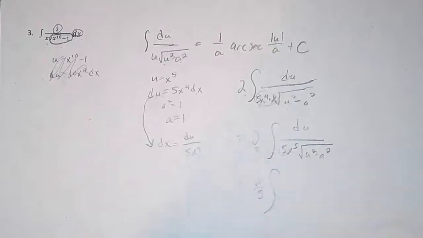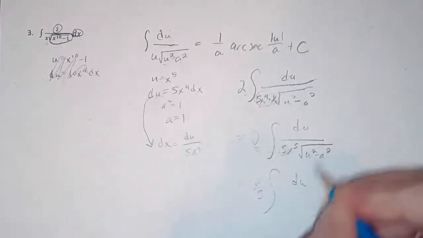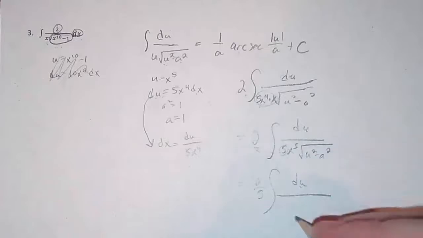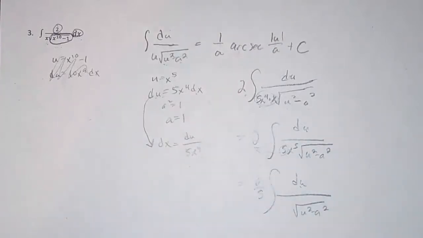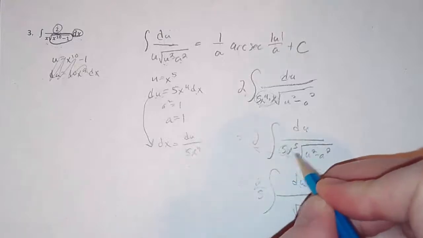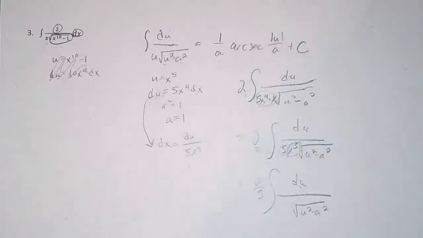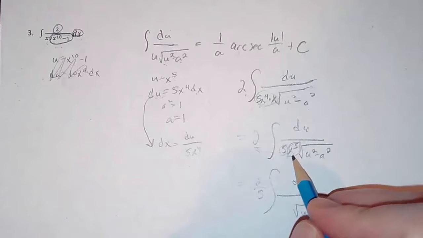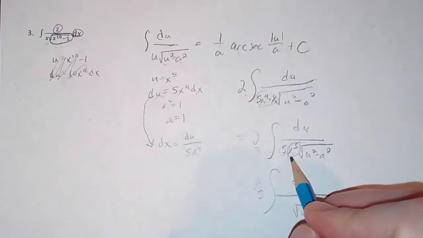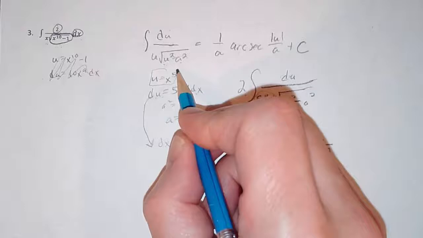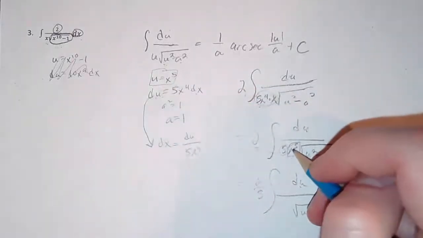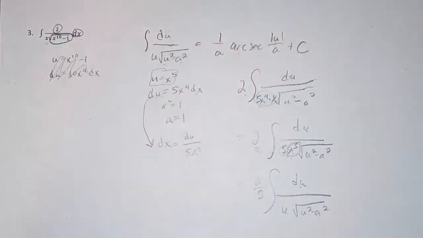So now I've got a 2/5 out front. I still have a du in the top, I still have this square root in the bottom. But now I've got this x to the fifth that I haven't accounted for. Gosh darn, if only there were something in terms of u that I could put in to represent x to the fifth. Well, if you go back to your original statement, u equals x to the fifth, this x to the fifth is simply a u.